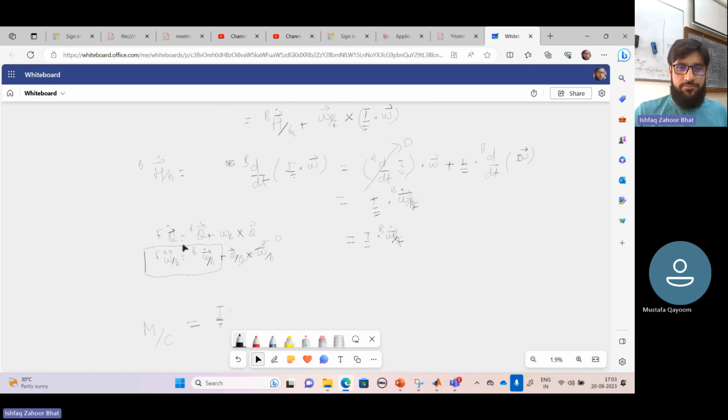Okay, so this external torque is the rate of change of H with respect to G, but this we have evaluated and we have got this. So this is equal to, but this is also equal to the fixed.